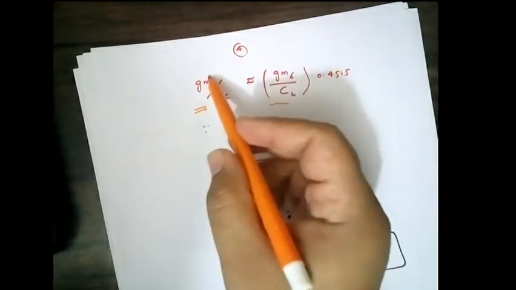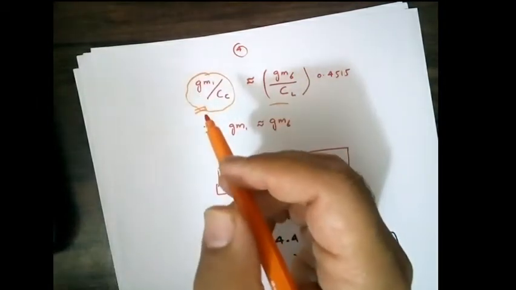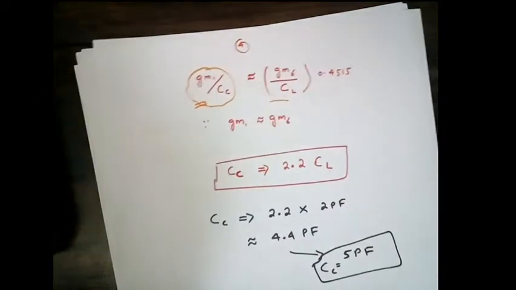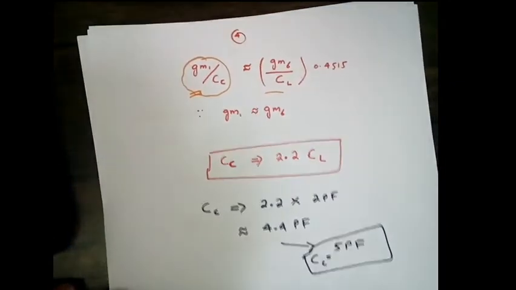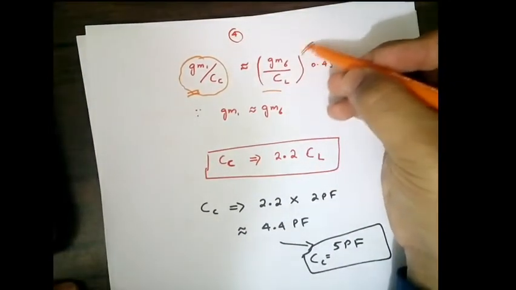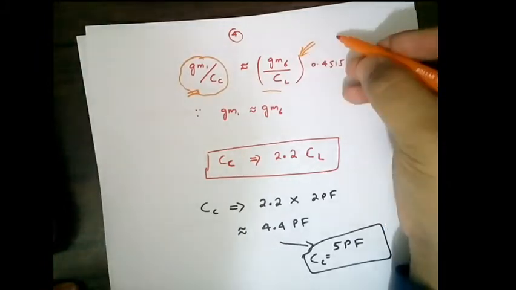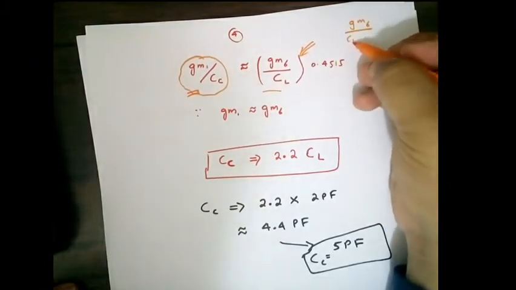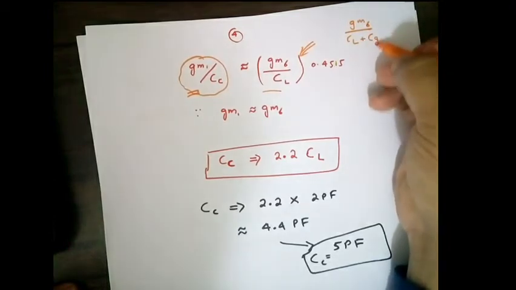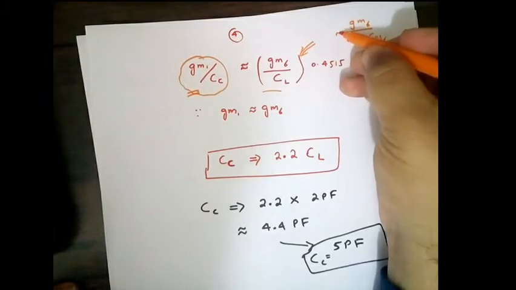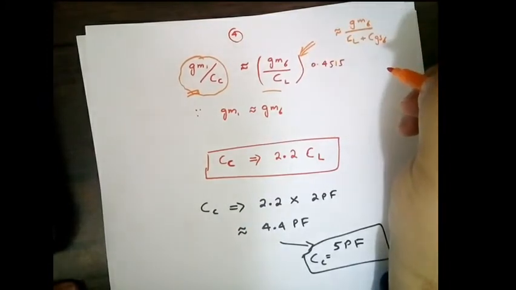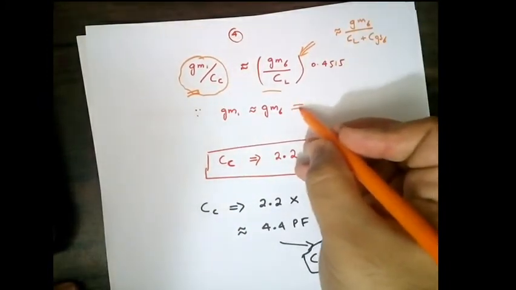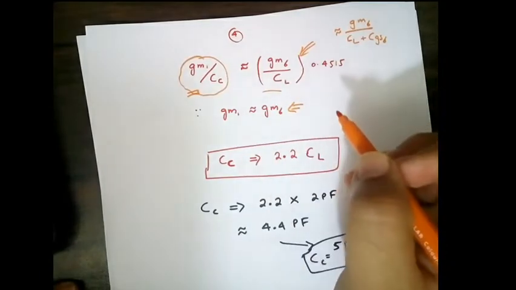So we replace omega naught by gm1 by Cc, which we derived in our analysis, and the omega p2 was equal to gm6 by CL. In reality, it was coming as gm6 by CL plus Cgs6, but Cgs6 value will be relatively less than CL, so we can approximate it to gm6 by CL. And then taking an assumption, we want a higher gain, so gm1 is equal to gm6.